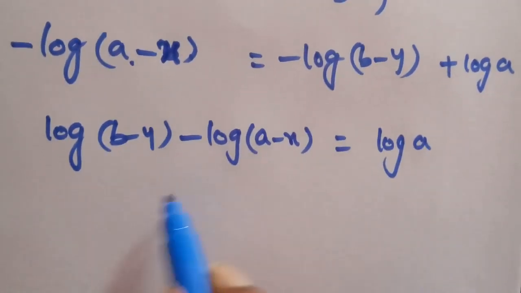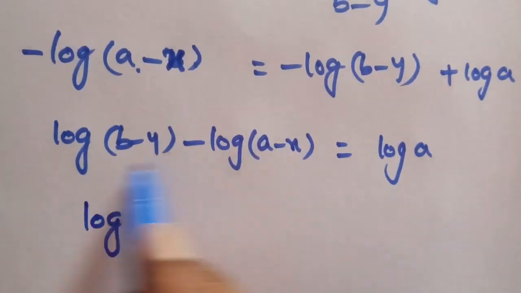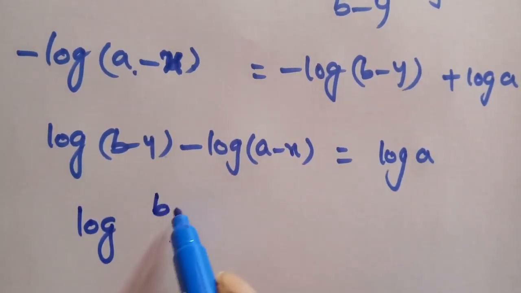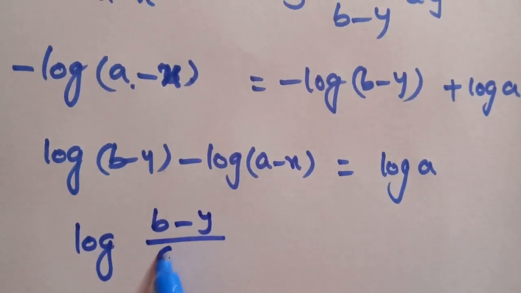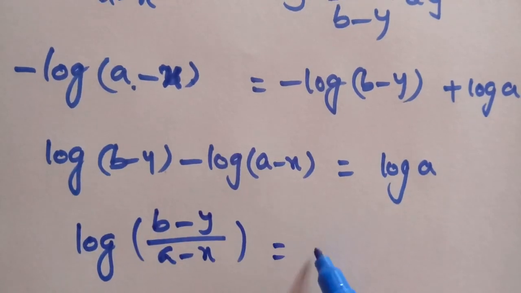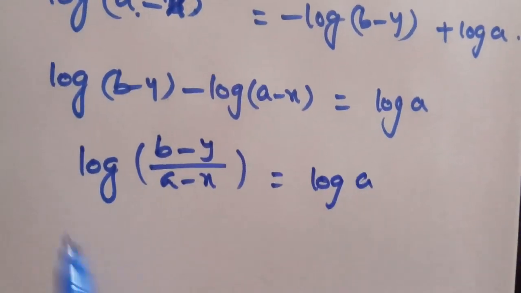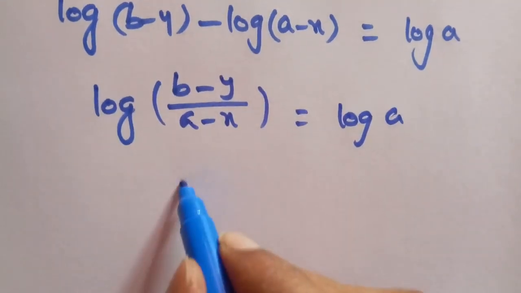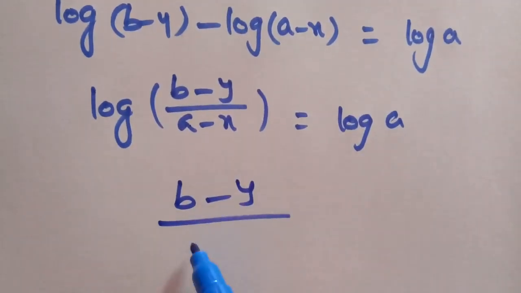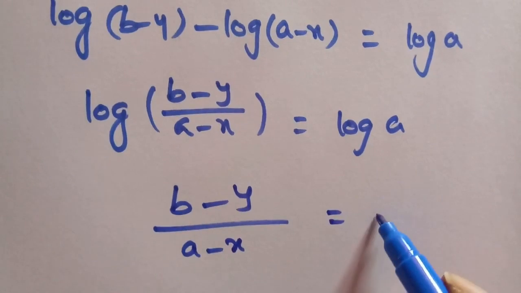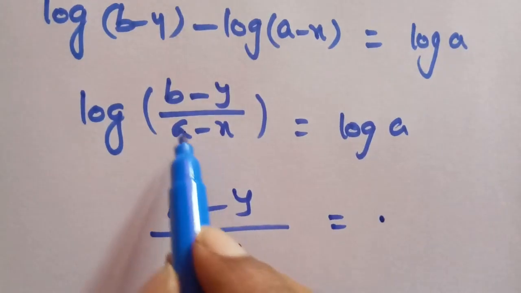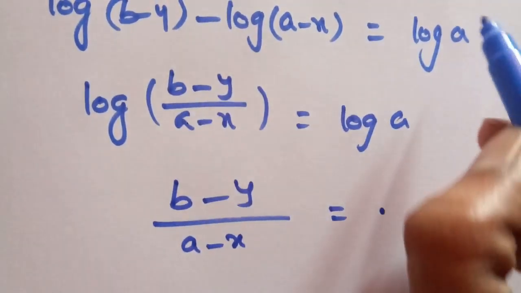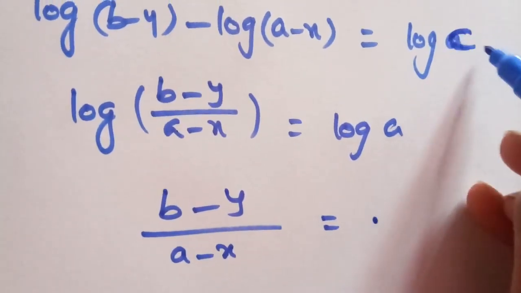Therefore this can be written again by using the log a minus log b formula: log of a by b is equal to log a. Therefore log a equal to log b means a equal to b. Therefore b minus y by a minus x is equal to, see here we already used a, so we use another constant, log c1.